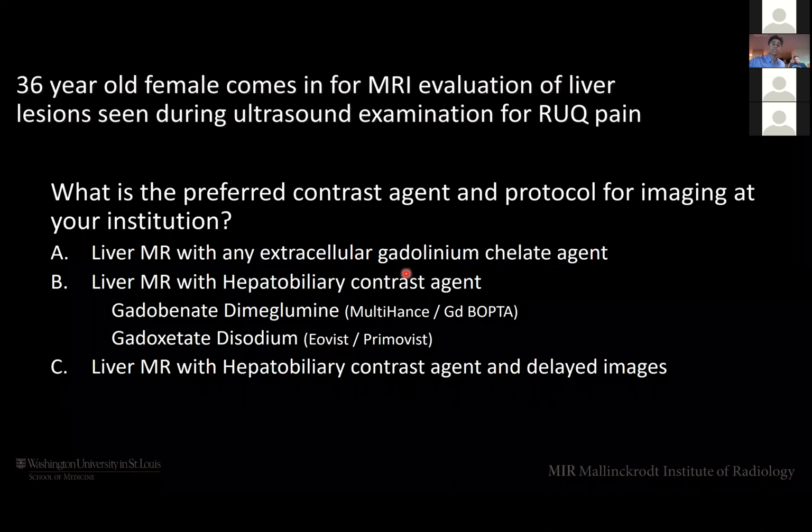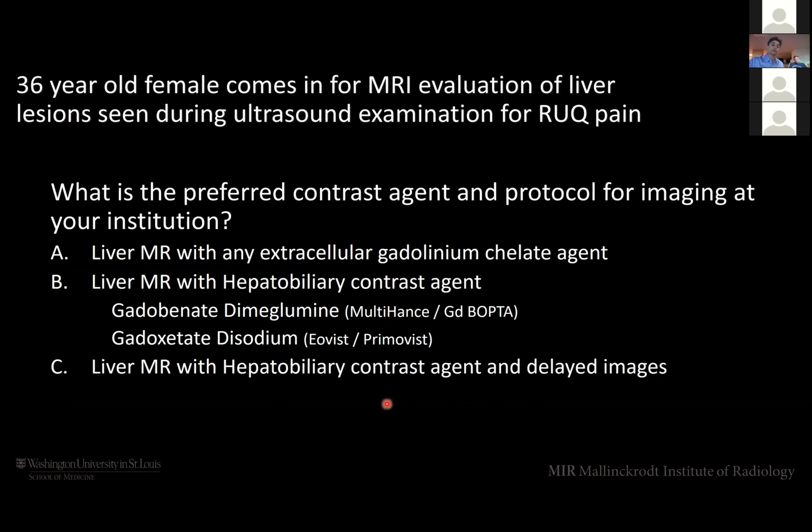For the very reason I shared with you, if you go with the Eovist type of contrast, half of which is excreted into the biliary ductal system, you run yourself into a problem where the most common, the atypical hemangiomas, you may not be able to identify or diagnose them. So you've got to be careful about that. There's no right or wrong answer here. You could choose A or C, but just be aware of the pitfall if you're dealing with a hemangioma.